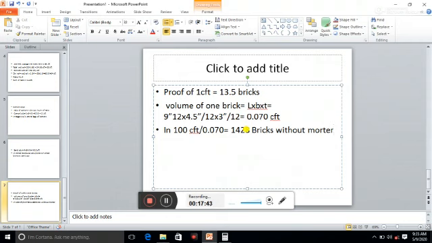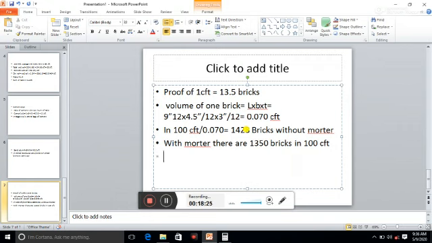So in 100 cubic foot there are 1428 bricks without mortar, and with mortar there are 1350 bricks in 100 cubic foot.